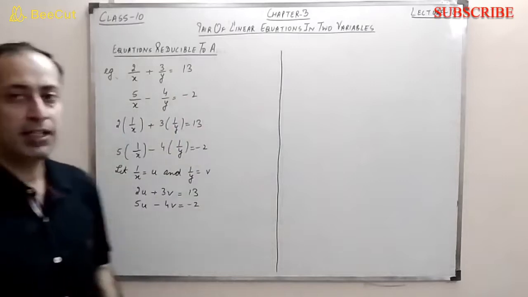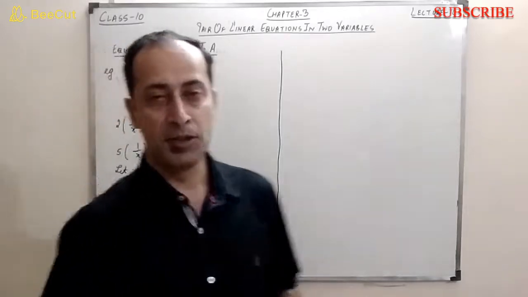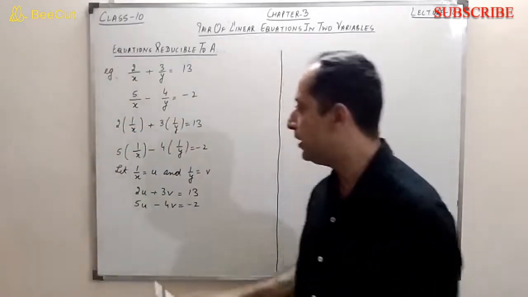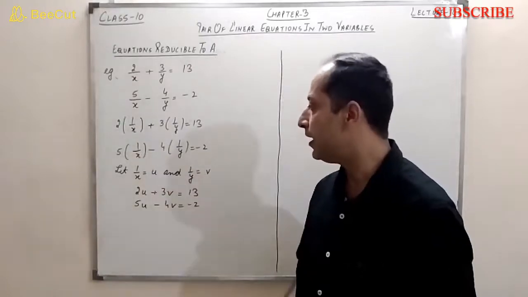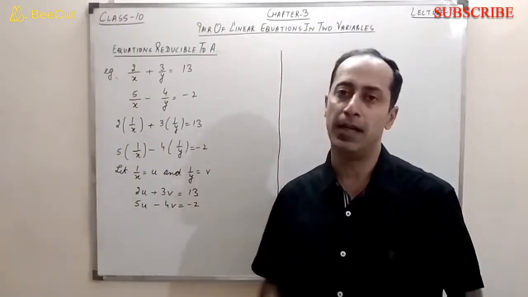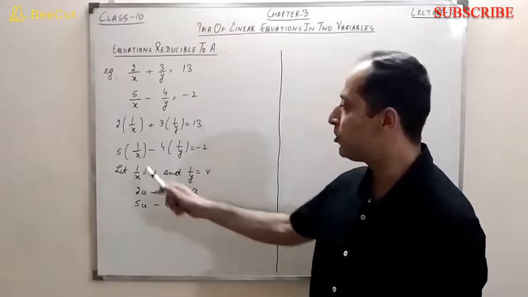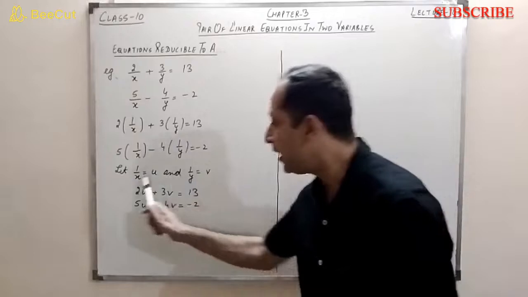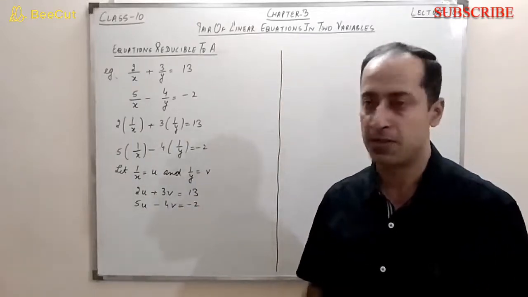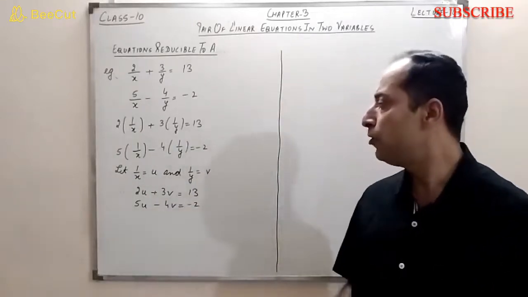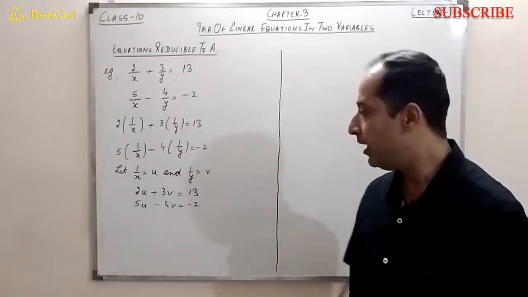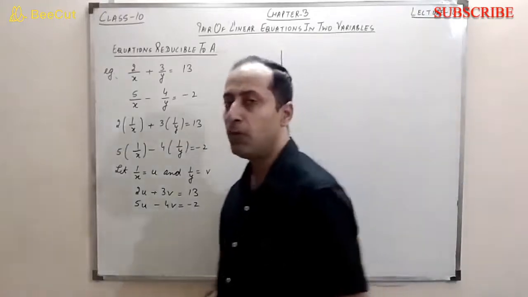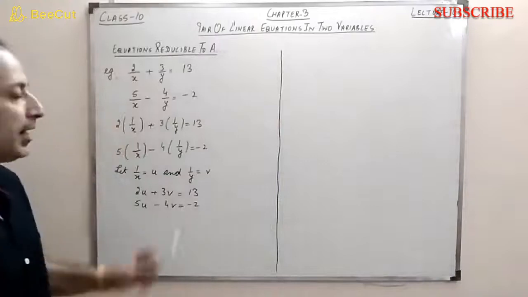The thing inside is common in both the equations. So what we can do? We can just substitute these 1 by x and 1 by y as u and v. Right? So when we substitute 1 by x equals to u and 1 by y equals to v, we get a new pair of linear equations in the form 2u plus 3v equal to 13, and 5u minus 4v equals to minus 2.